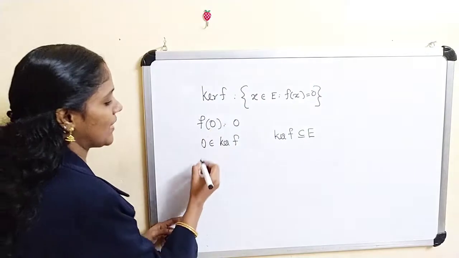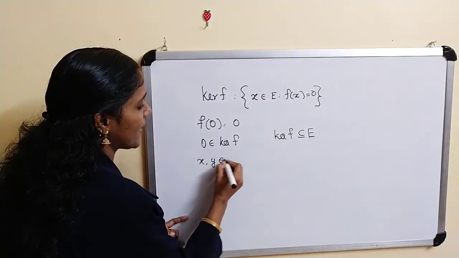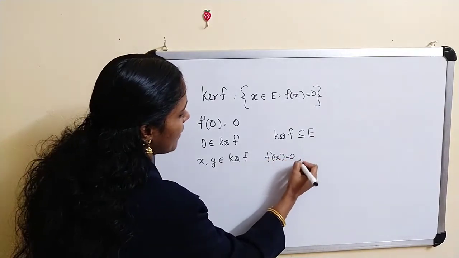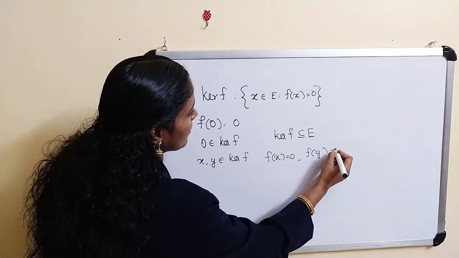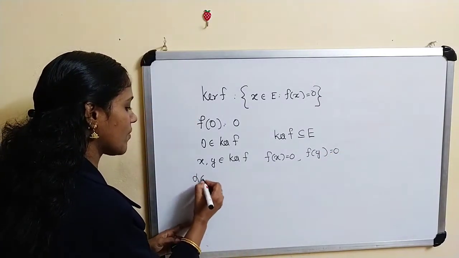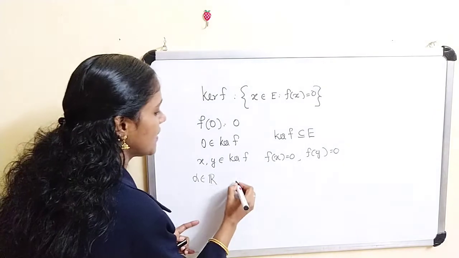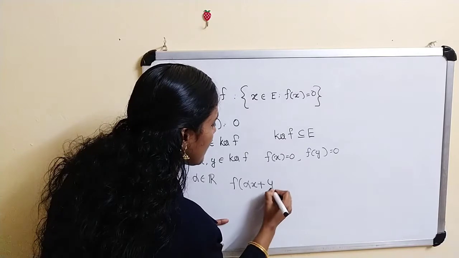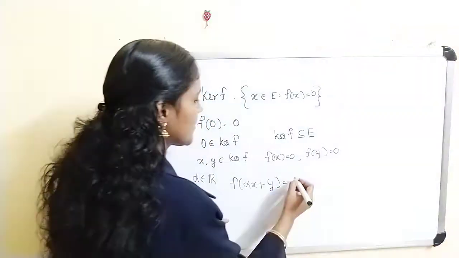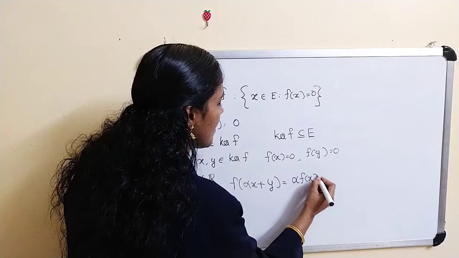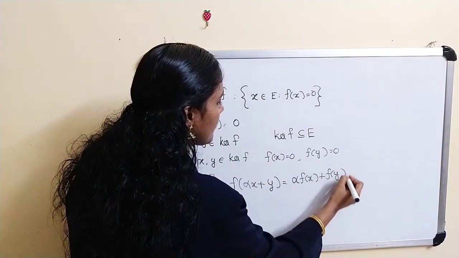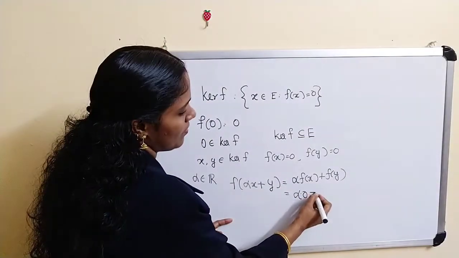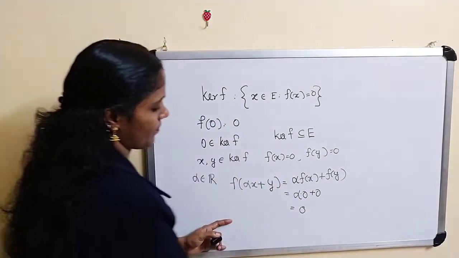Now you take two elements x, y belongs to kernel f. What is the meaning of that? f of x equal to 0 and f of y equal to 0. Suppose alpha belongs to some scalar R or C. Then f of alpha x plus y, as it is a linear functional, you can write as alpha into f of x plus f of y. But alpha into f of x is 0, so this is 0 plus 0, which is equal to 0.